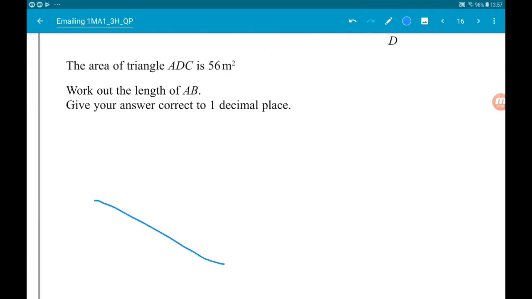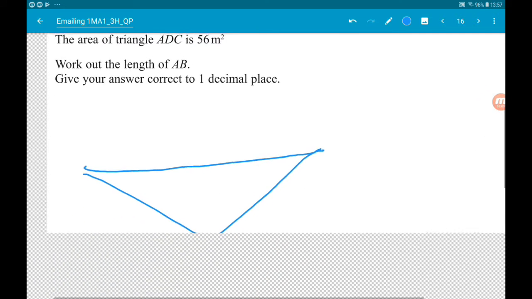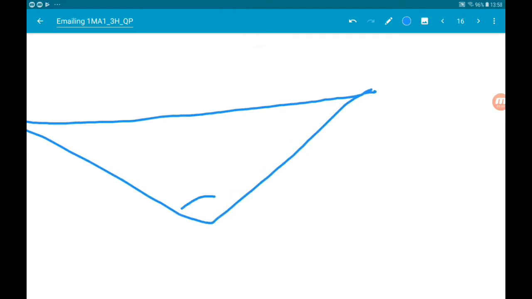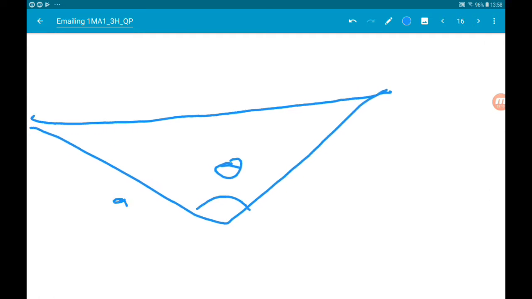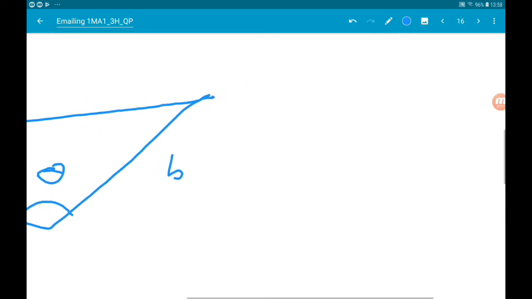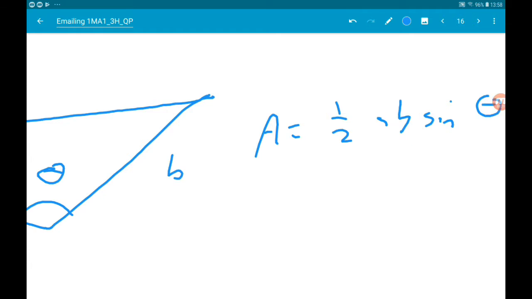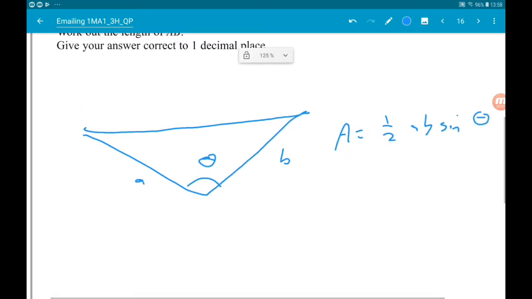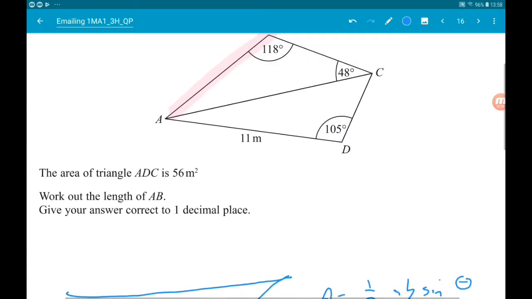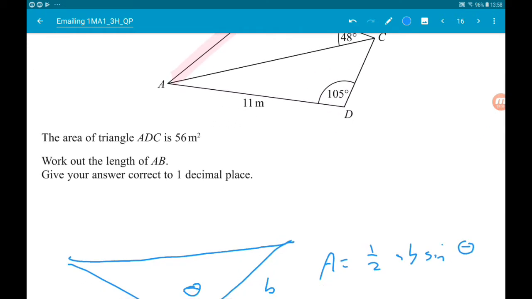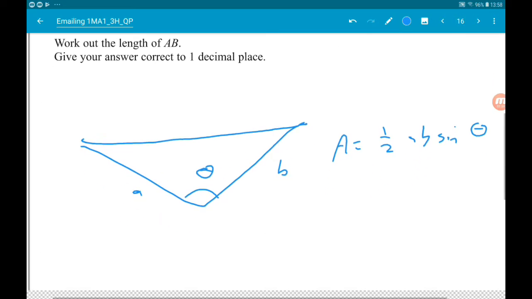So, in this triangle then, let's recap. If we call that theta for now, this side A, this side B. Area is then 1/2 AB sine theta. So, if we plonk in what we know, theta is 105 and A is 11.